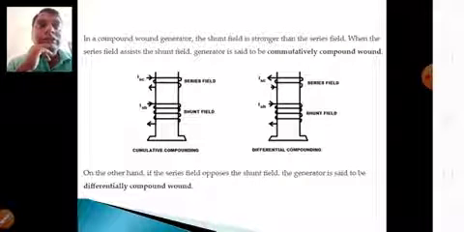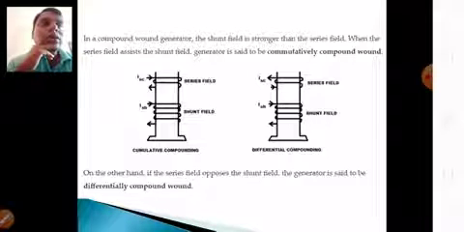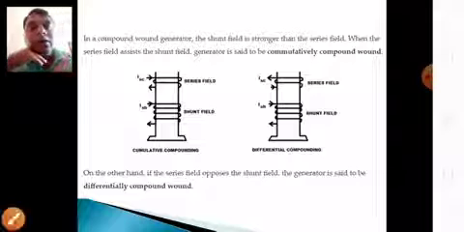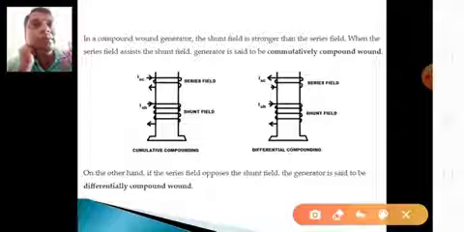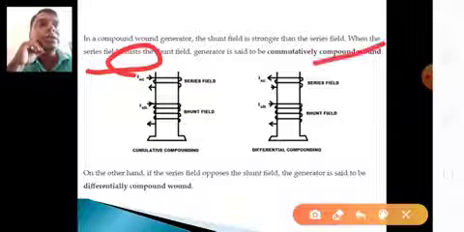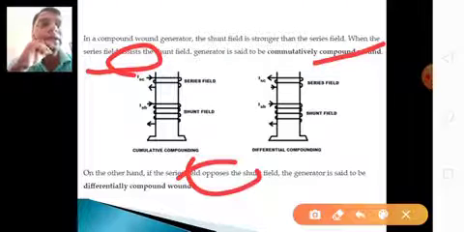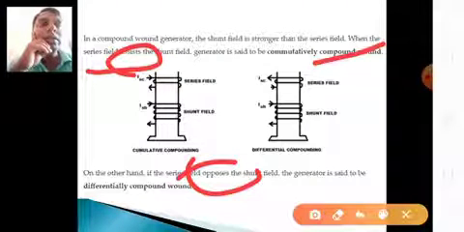On the other hand, if the series field opposes the shunt field, the generator is said to be a differentially compound generator.